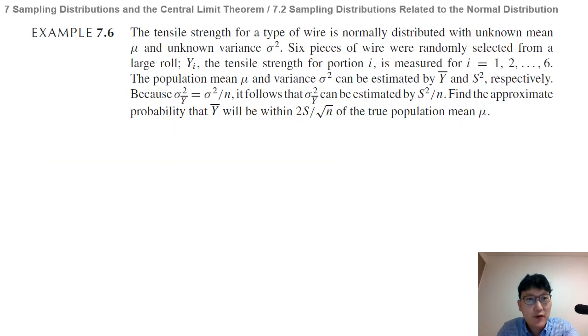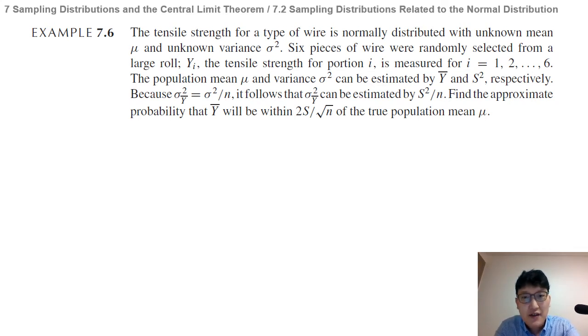Okay, let's move on to example 7.6. The tensile strength for a type of wire is normally distributed with unknown mean mu and unknown variance sigma square. 6 pieces of wire were randomly selected from a large roll. The tensile strength for piece i is measured for i equals 1 to 6.